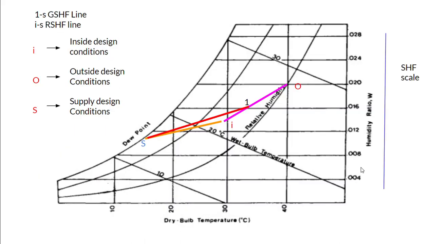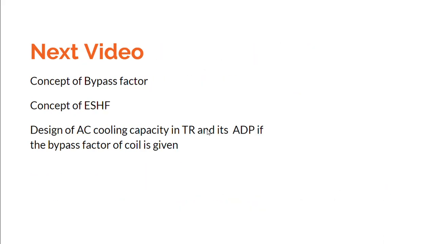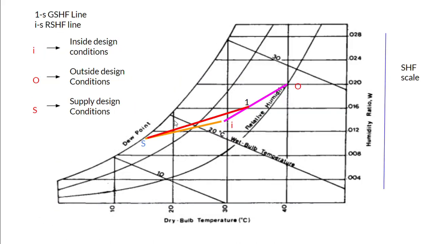Look at this. What have I done? I have drawn a parallel to this grand sensible heat factor line, and you get this line 1 to S, which is drawn parallel using the SHF scale on the alignment circle. So 1 to S is a grand sensible heat factor line.